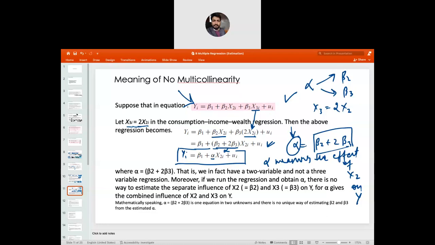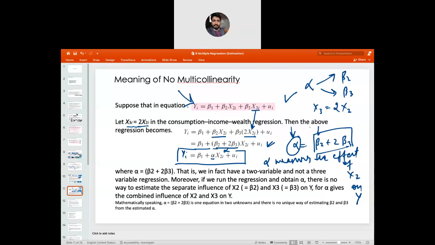And that means beta 2, which is the individual effect of X2 on Y, and beta 3, which is the individual effect of X3 on Y, you will not get that.